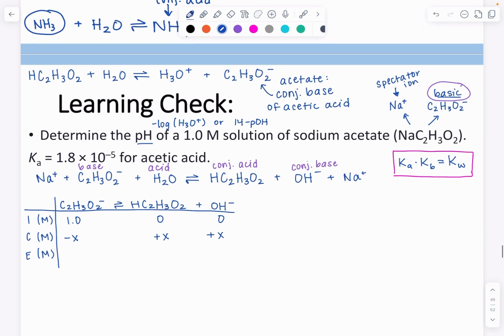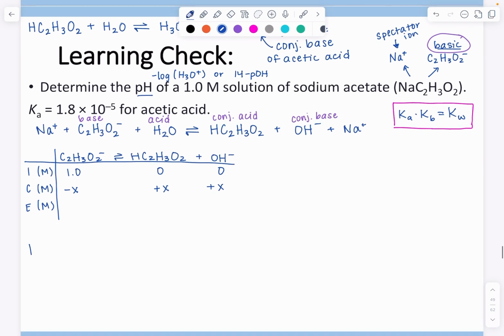So Kb for acetate, for sodium acetate, is the concentration of this conjugate acid times the concentration of OH minus divided by the acetate concentration. All right, so that's Kb because we're adding base. We're given Ka.